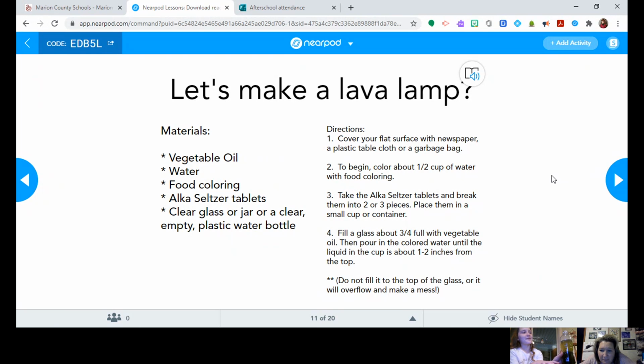Okay. So you grab a bottle and you take off the cap. And then you fill like a quarter of the bottom of it with oil.